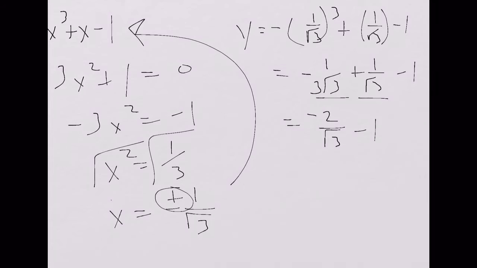Negative. Nope, still positive. Let's take that away. Because again, if I multiply this one on 3, times a 3 on top and bottom to get that common denominator, to get a positive 2 root 3, 2 over root 3 minus 1.